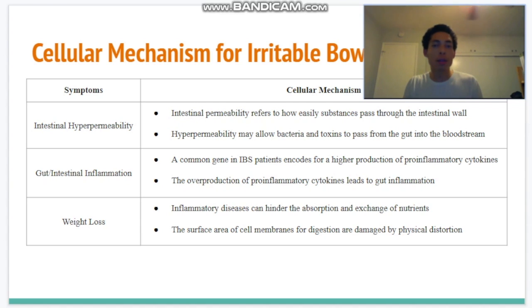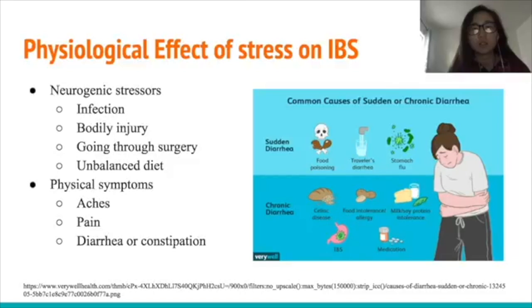In terms of cellular mechanisms, the cell membranes in intestinal cilia become too thin, leaky, and less effective in transporting molecules. As noted, both physiological and psychological stress is an important factor for the development of the irritable bowel symptoms, shortened as IBS, due to the overactivity of the gut being triggered.